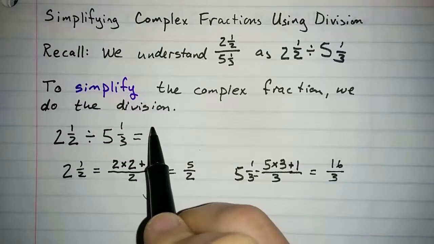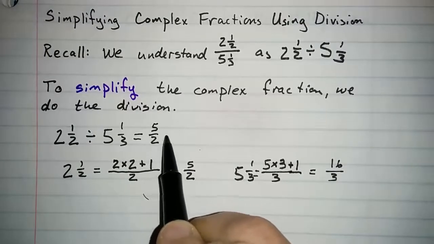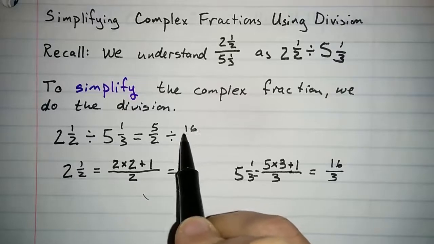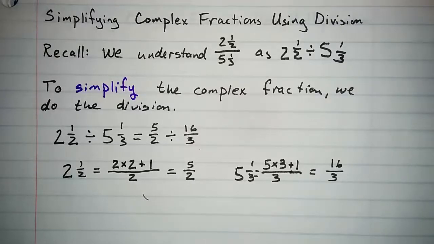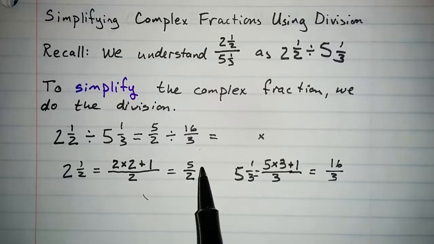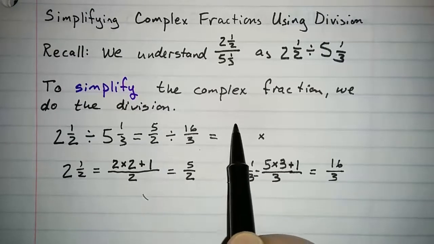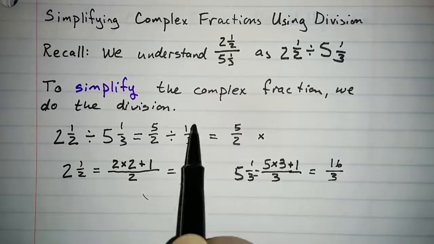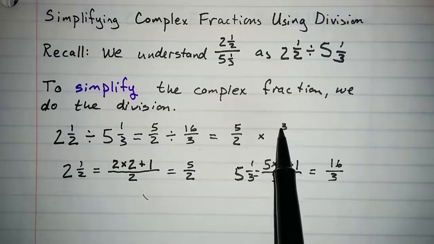So my problem becomes 5 halves divided by 16 thirds. How do I do fraction division now? Right, I have to rewrite this as a multiplication problem. First fraction stays the same. Second fraction, I take the reciprocal.